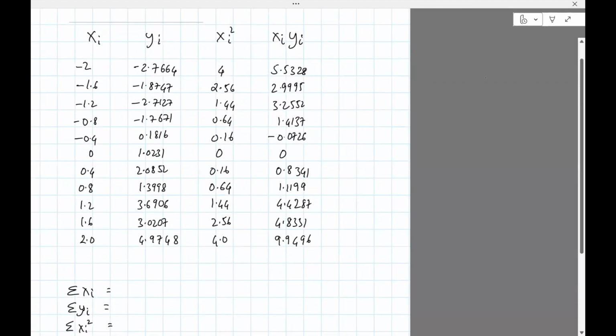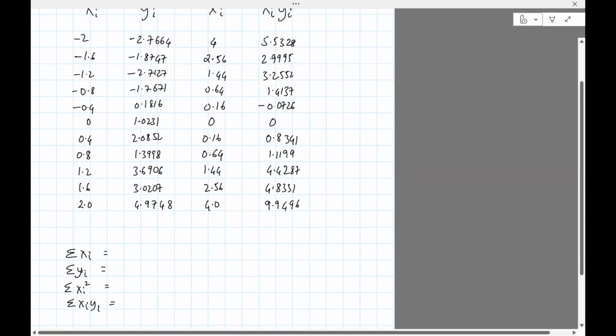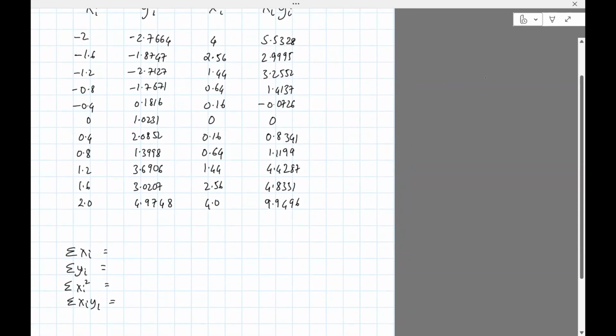So this is the first step to generate this table. The second step is to compute the quantities of interest, that would be summation x, summation y. It's kind of easy now, you just have to sum the whole column, right?